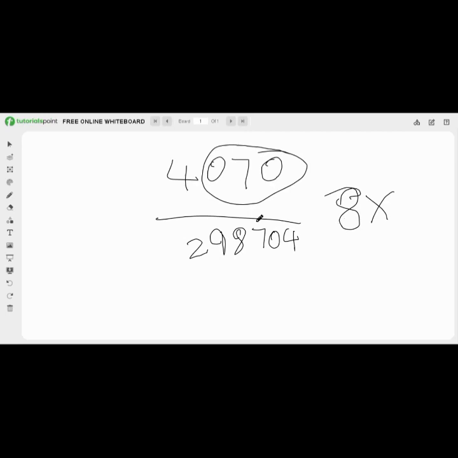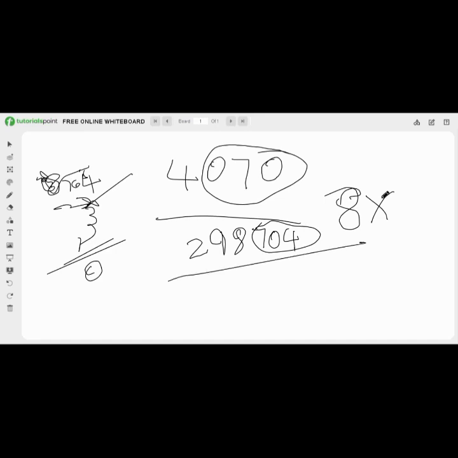We will divide 704 and check. It is divisible by 8. So the whole number is divisible by 8.